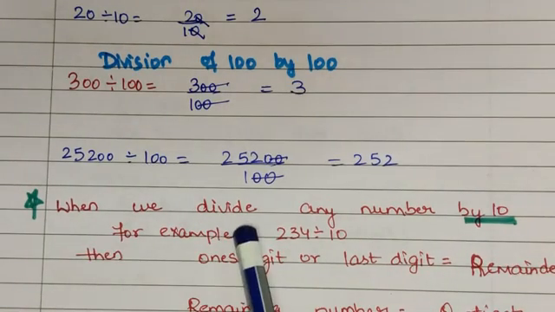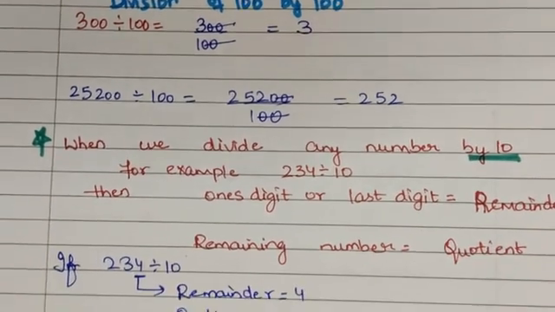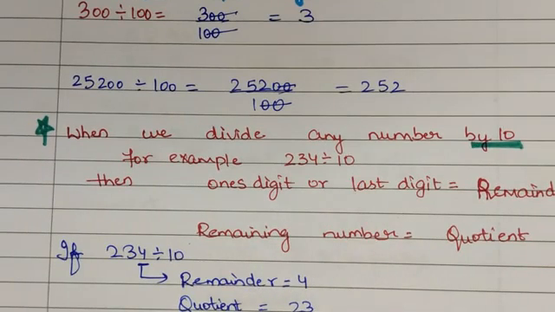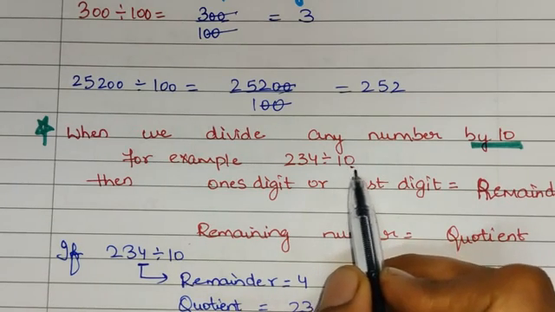When we divide any number by 10, which is not containing 0, what happens? Let us see. For example, 234 is divided by 10. Now children, see very carefully. If you are dividing a number by 10, now in 10 there is only 1 zero.